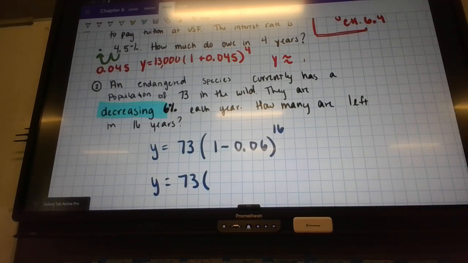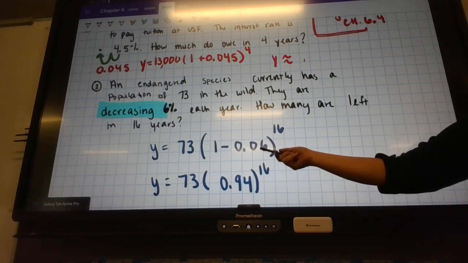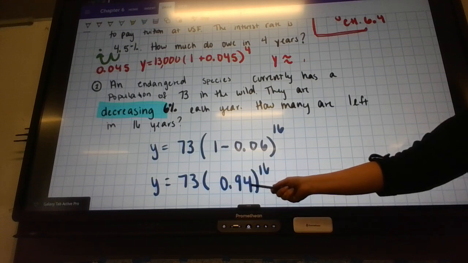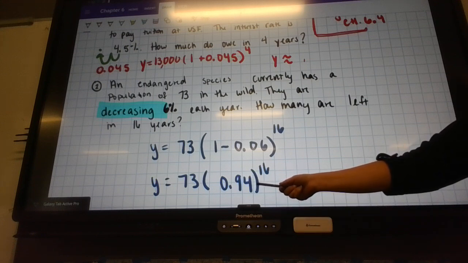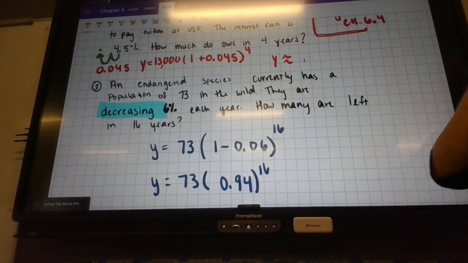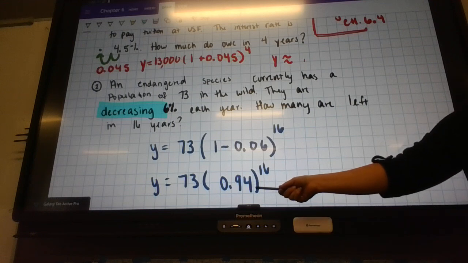When I subtract 1 minus 0.06, I'm going to get 0.94. A lot of times, the equation will present this way, not this way. This means every year 94% remain. So when I see this in my mind, I think, oh, we're losing 6% because we're 6% lower than 100%.